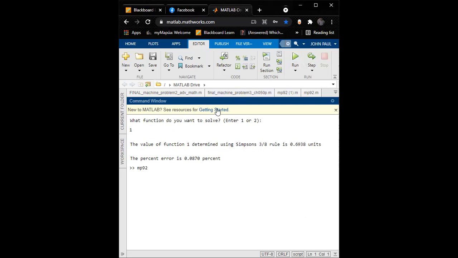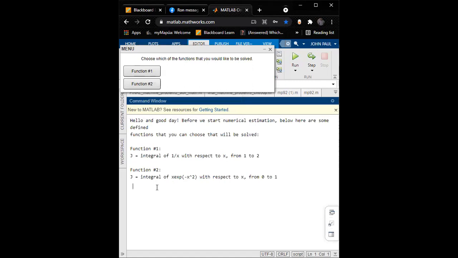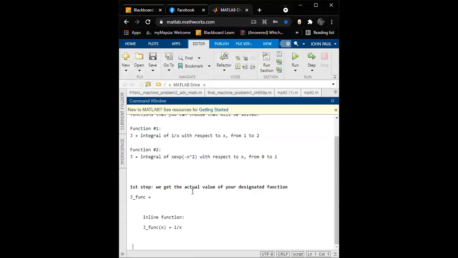Lastly, for the 5-point quadrature rule, we choose function 1.